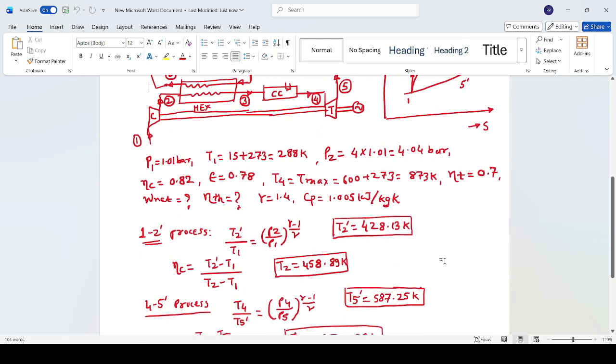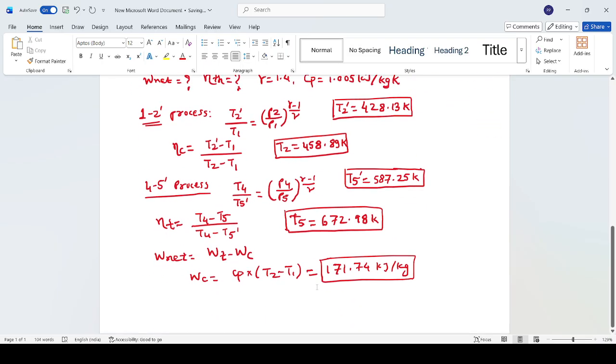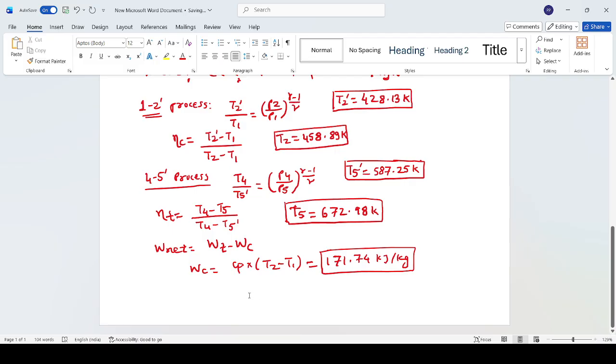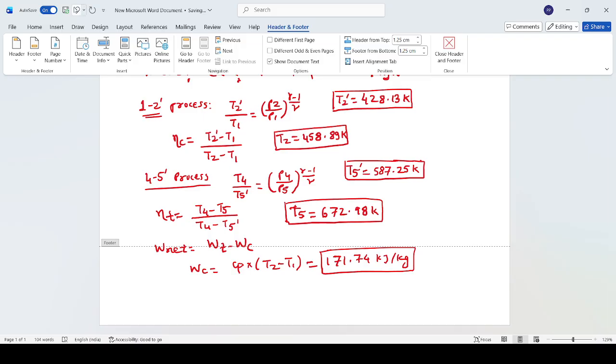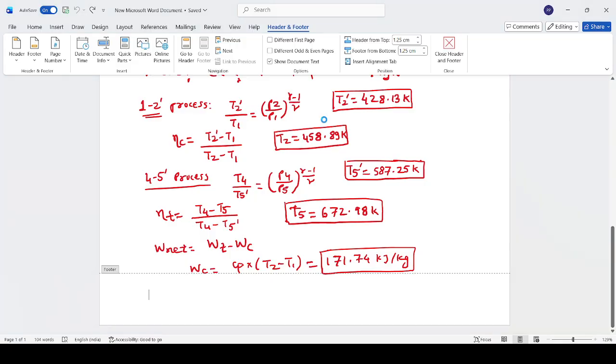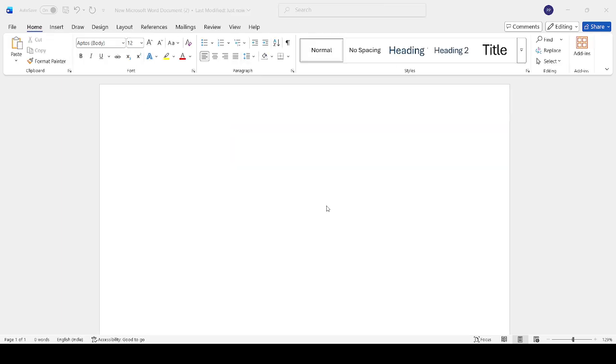Let me add one more page. Yes. Okay, so we have added one more page here.